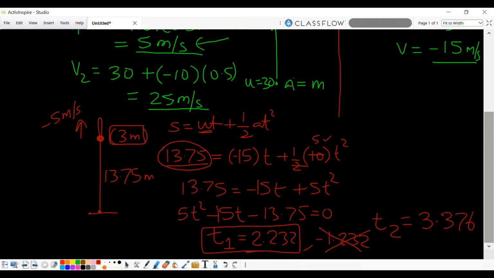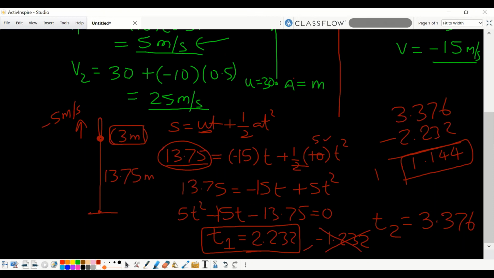So difference between times now is easier to find. 3.376 minus 2.232, and this, yeah, 1.144. So question, if they ask 1 second, 2 second, I don't know what time they take, but this is what our final answer is, usually rounded out.